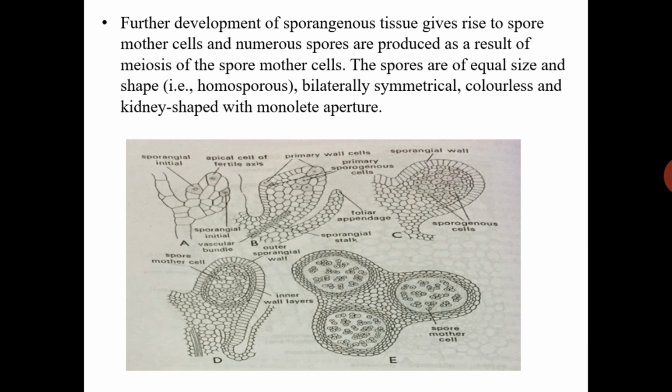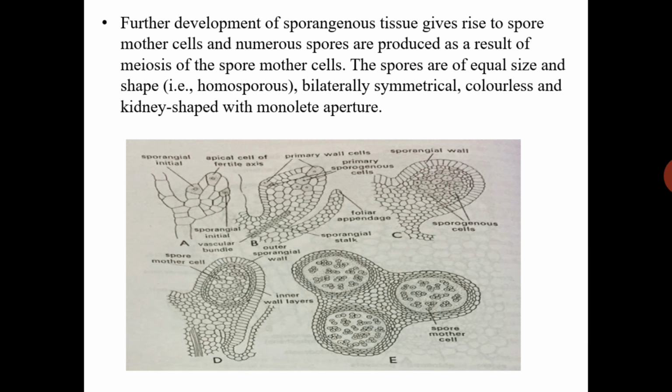Further development of sporogenous tissue gives rise to spore mother cells, and numerous spores are produced as a result of meiosis of the spore mother cells. So later on it develops into spore mother cells, which again undergo meiosis to produce spores.